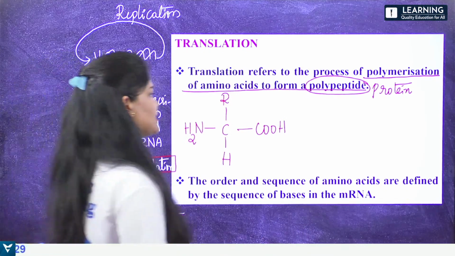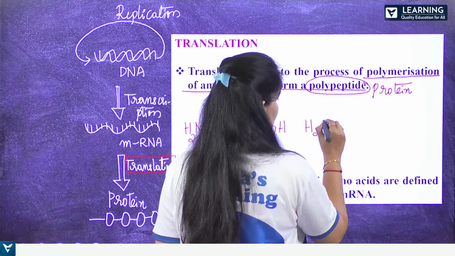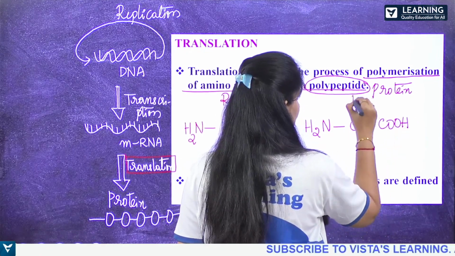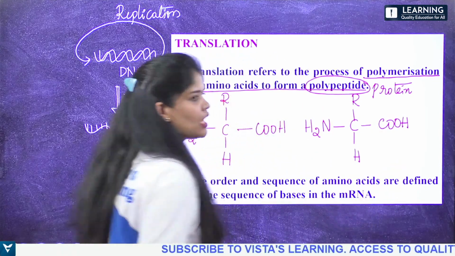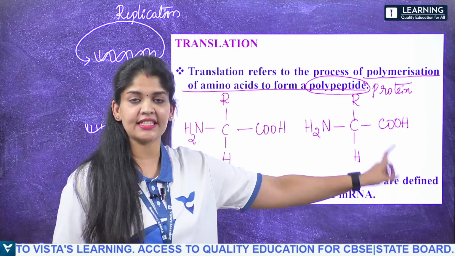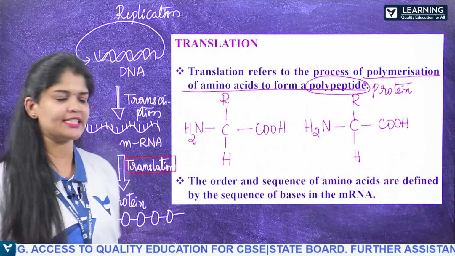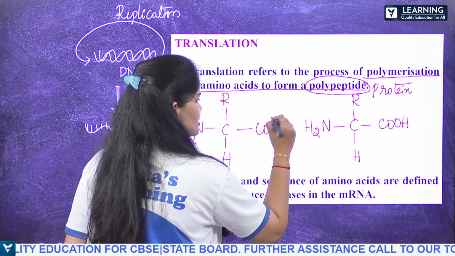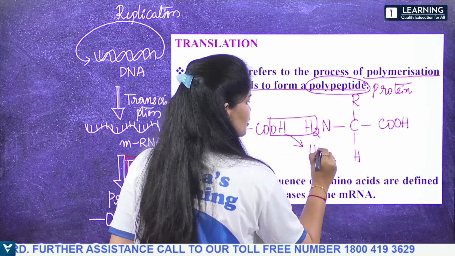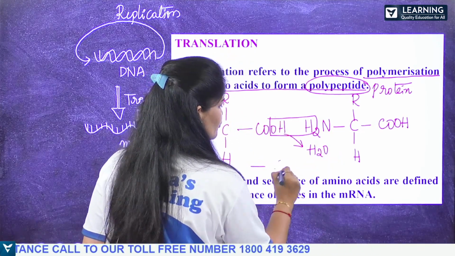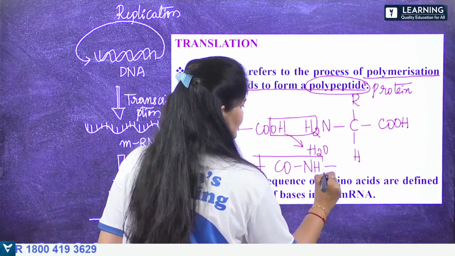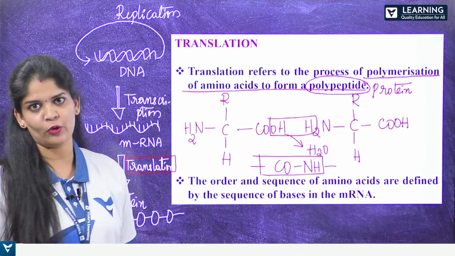And it is always between the carboxyl group of the first amino acid and the amino group of the second amino acid that peptide bond formation takes place, where one hydrogen from one and OH from the other get removed in the form of a water molecule, leading to the formation of a peptide bond. What is that bond? The CONH bond. This is called the peptide bond.